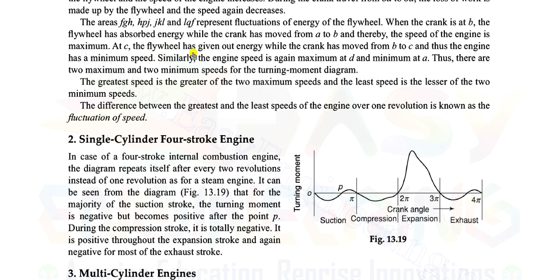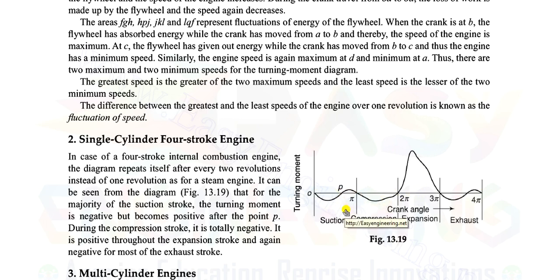So what is the work of the flywheel? The flywheel will store energy, because if here you are getting too much power, the speed at this time will be very high, and then it will suddenly stop if you don't use a flywheel. So the flywheel will store energy during this power stroke and will deliver it during the remaining strokes, when you are getting negative power.